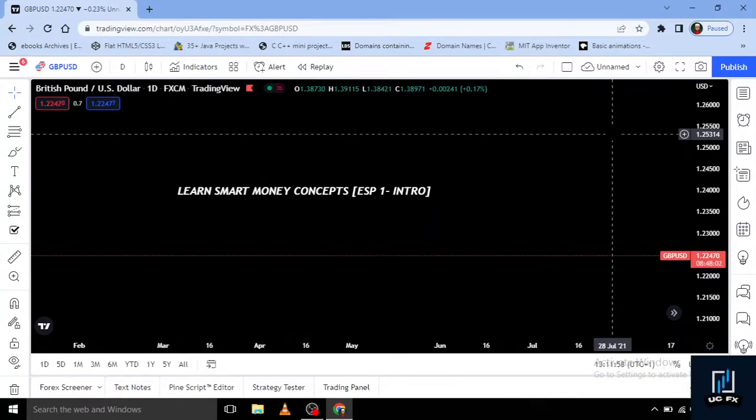I mean banks like JP Morgan Chase, HSBC, etc. As a result of their huge capital, these big banks are able to manipulate the forex market to play it in their favor.